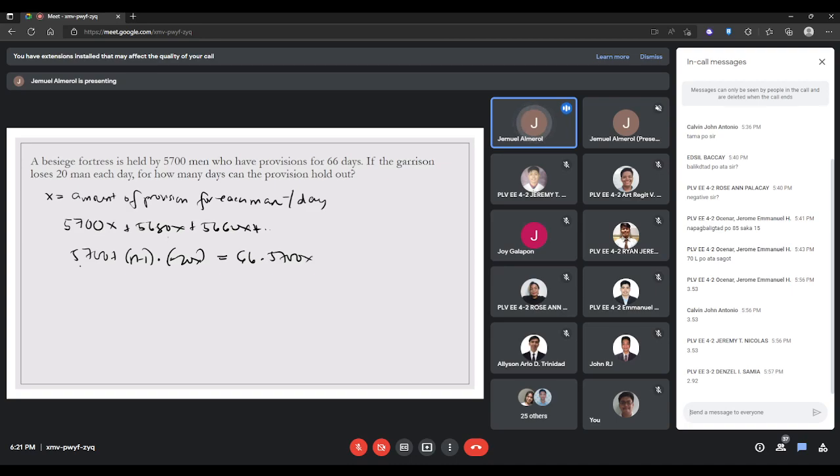So, ito, sum of arithmetic sequence yan. Ang sum niyan, okay, if you try to solve, so that would be n over 2 times, okay, so first term, tapos yung last term, 5,720 minus 20n. So that would be n times 5,710 minus 10n.